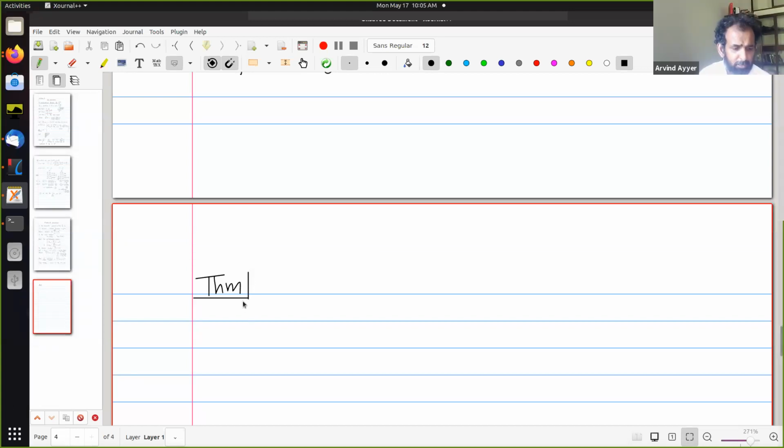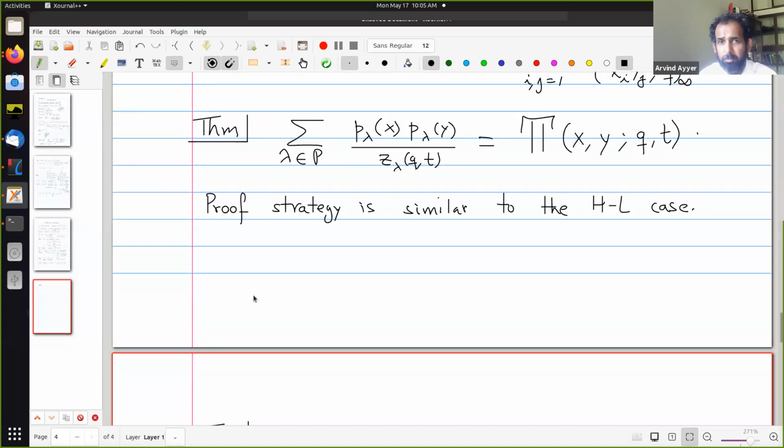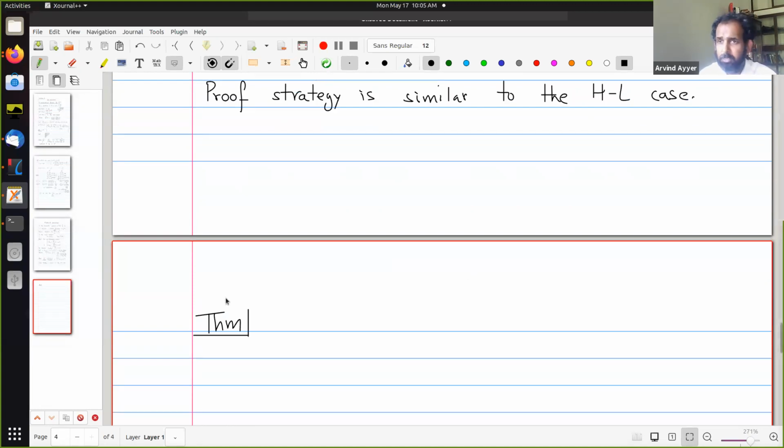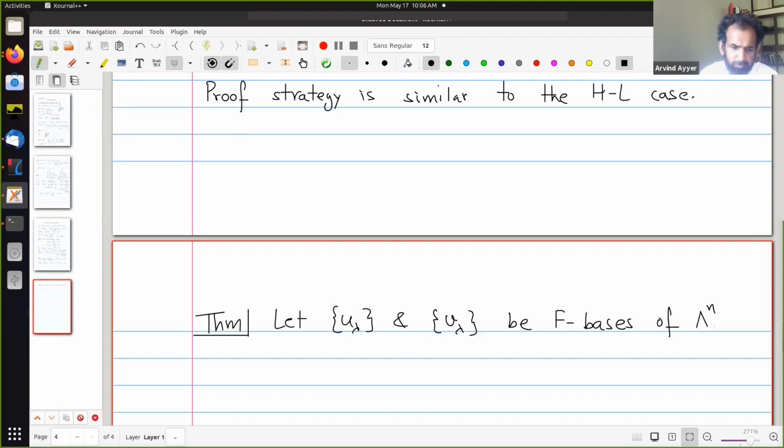So the next theorem is about the relationship between the inner product and this object. This is what Amritanshu proved in the case q equal to t, which is the Schur function case. So let u lambda and v lambda be F-bases of lambda n, where F is our fraction field, indexed by partitions of n.